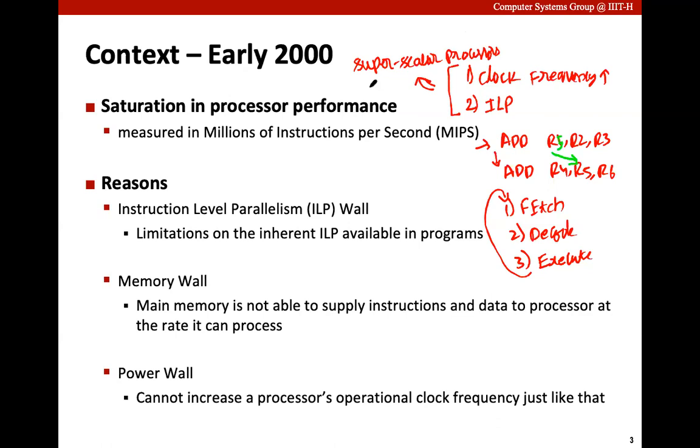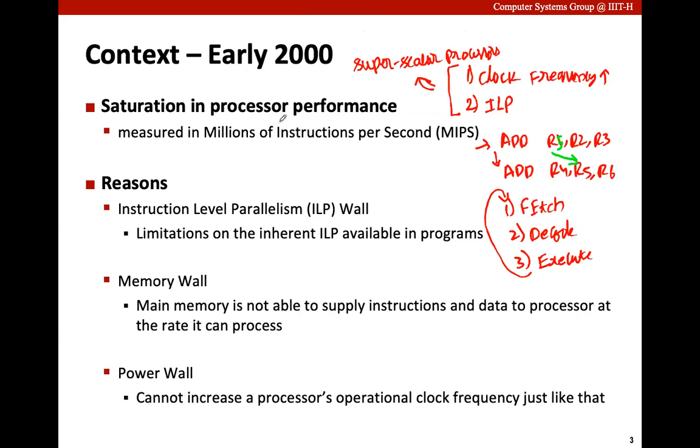But things were not quite well after 2000. What happened is that the available instruction level parallelism in a program, we kind of hit a wall.